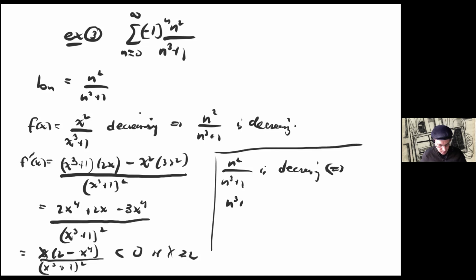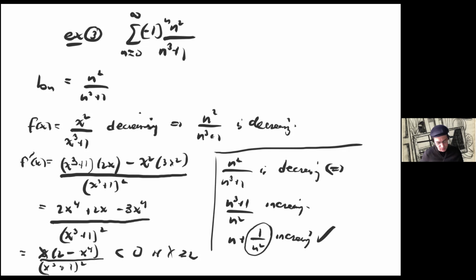So n cubed plus 1 over n squared is the reciprocal, and we just have to check that that's increasing. But what is n cubed plus 1 over n squared? By breaking up the fraction, that's n plus 1 over n squared. Now, it's pretty clear that since n is varying over integers, this is increasing, since this is a fraction less than 1, and this is an integer. So therefore, n squared over n cubed plus 1 is decreasing.